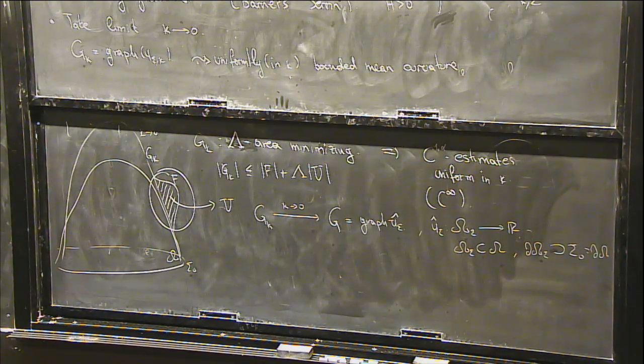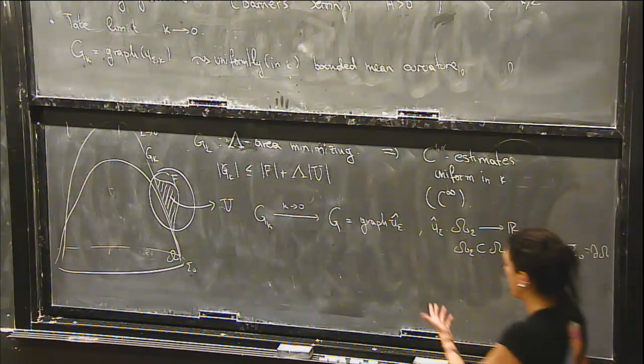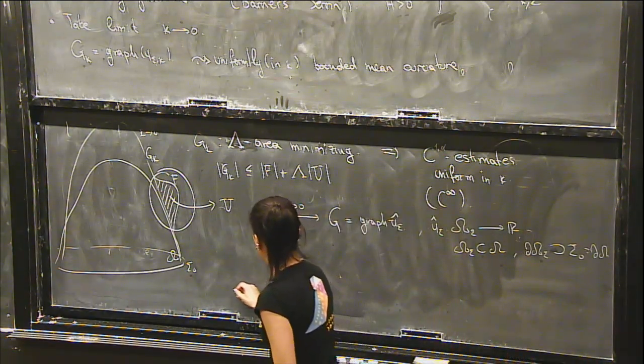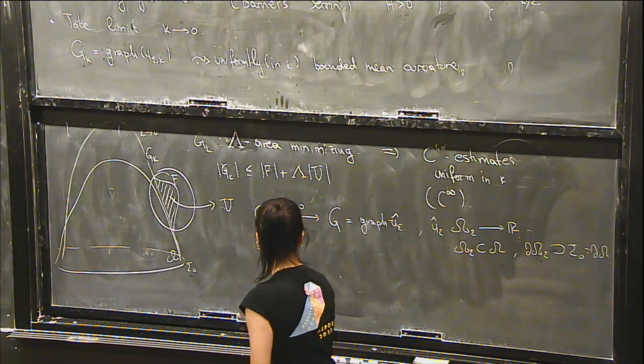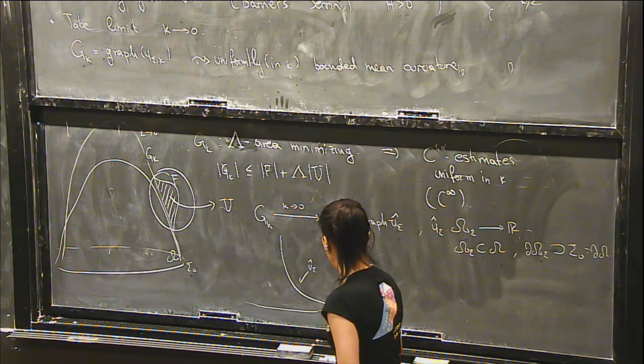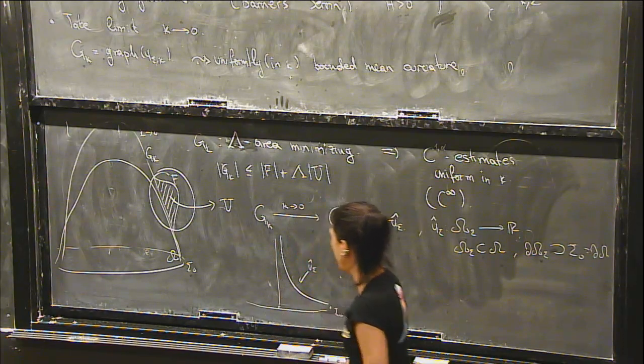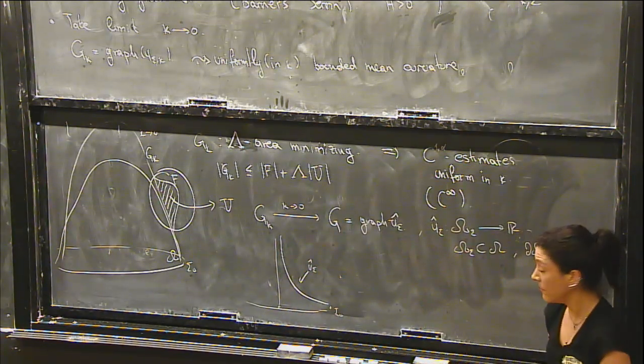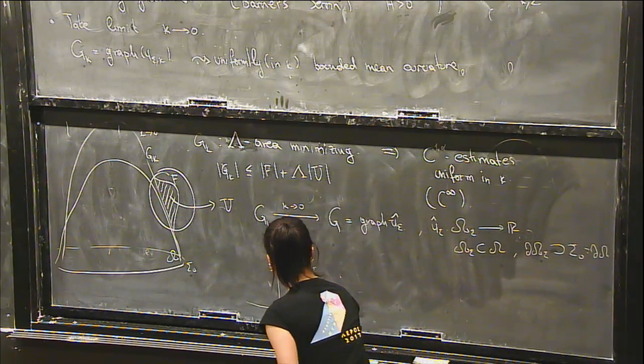Okay, now what I get here for U hat epsilon is something like this. This is my U hat epsilon, where here the one boundary is sigma 0, and the inner boundary here is the one that I don't know. Okay, so this is omega epsilon.